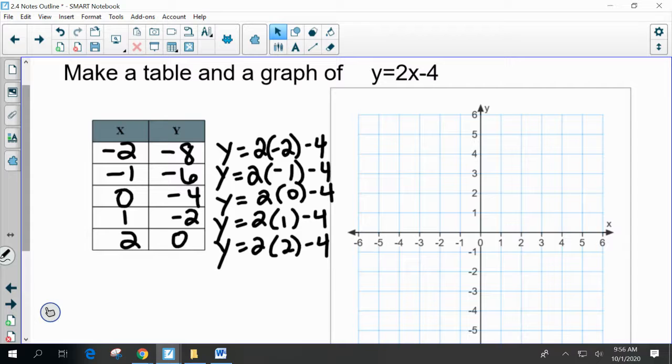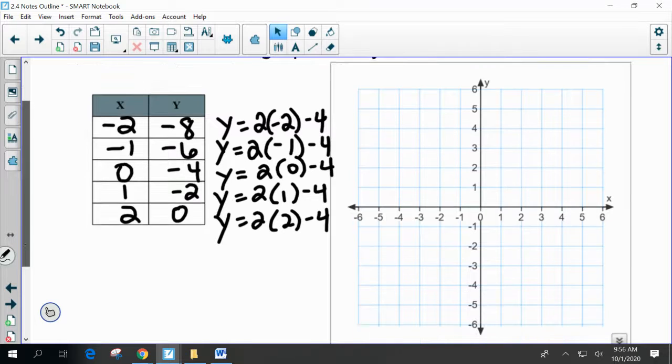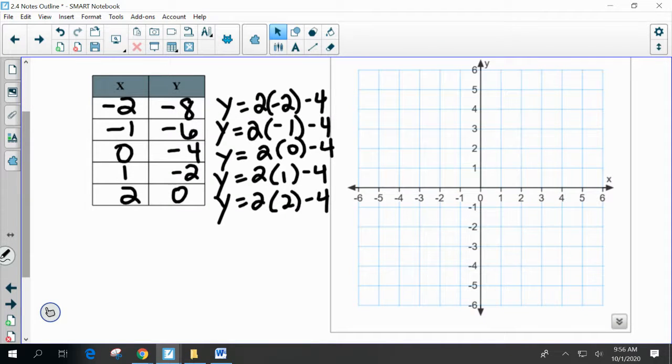So the first coordinate, -2, -8, is going to go off of your graph. So you could either estimate it or you could just not graph that point. Either one is fine. And then connect your points with a straight line and arrows.